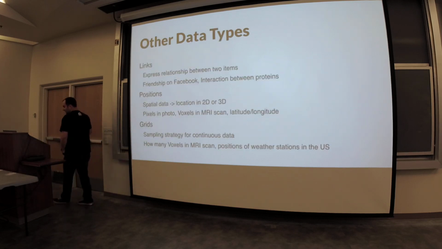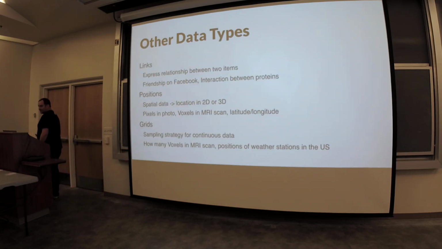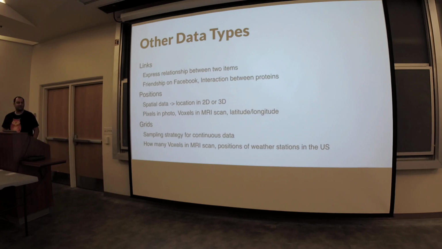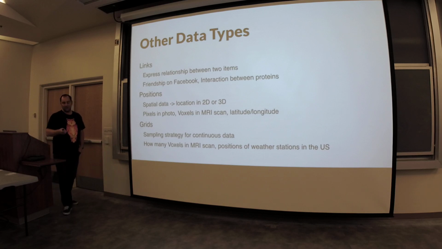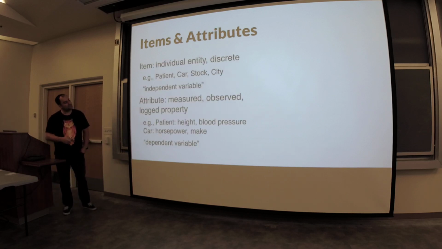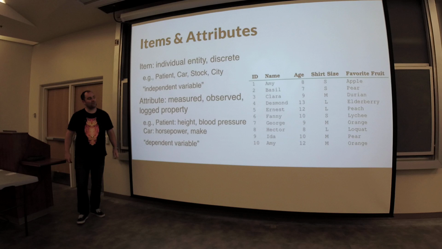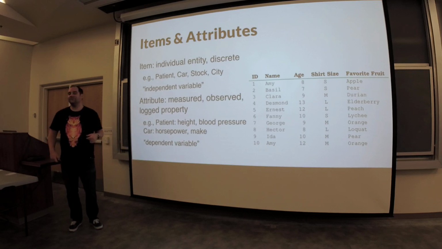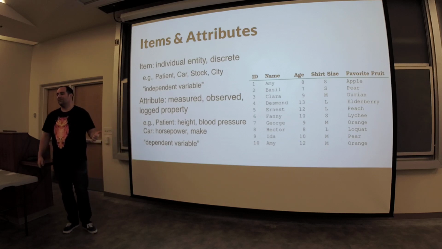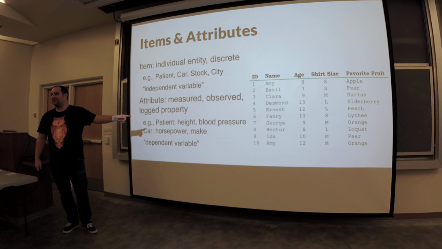The other data types here are links, and a link expresses a relationship between two items, right? So in this example, we could have another column that says best friend, and then we could have somebody else's ID, which would be a link. And that doesn't really fit well into our model of items and attributes.